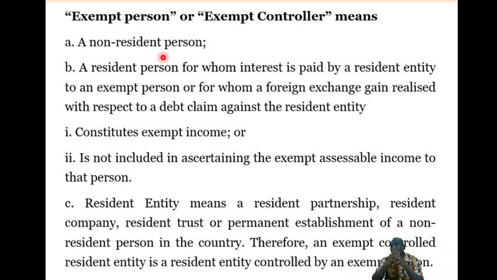Now, if a foreign loan is involved, you are aware that until the resident entity settles the debt, if the cedi depreciates, there will be a foreign exchange loss to the resident entity, but a foreign exchange gain to that resident person.